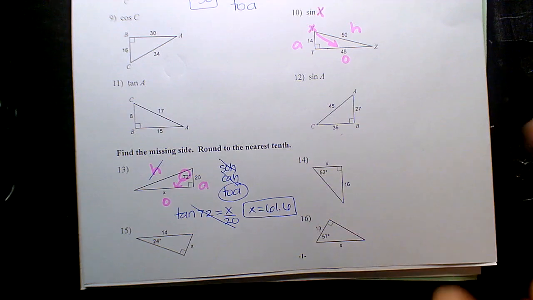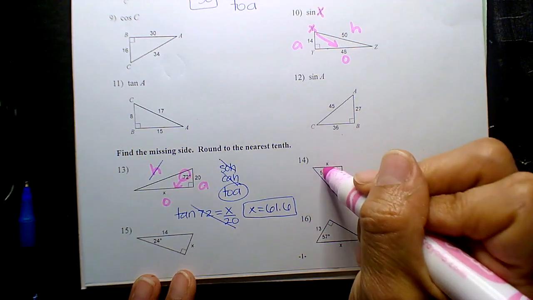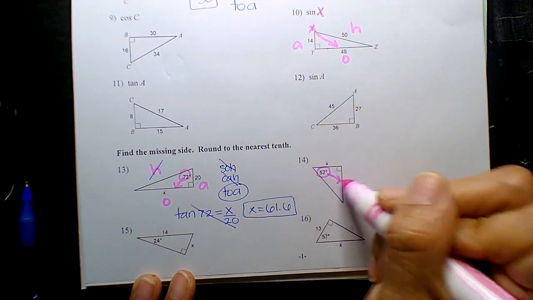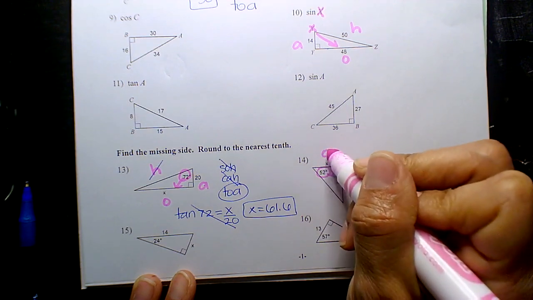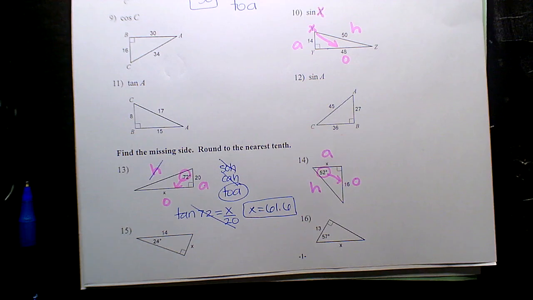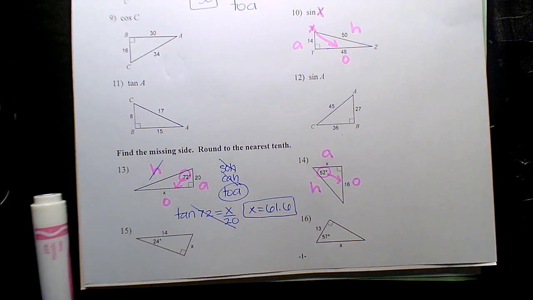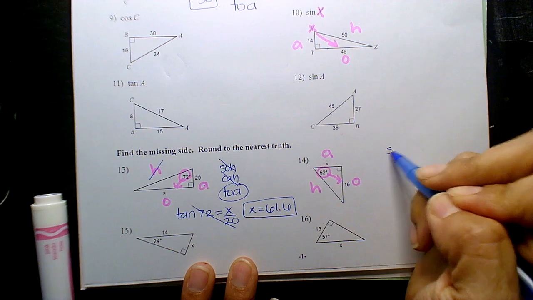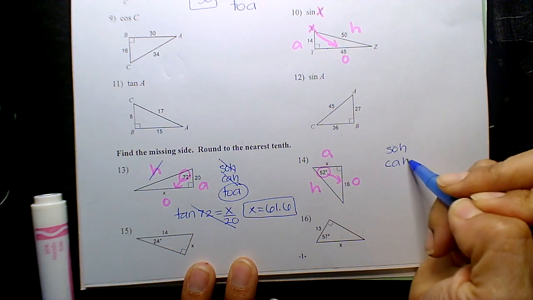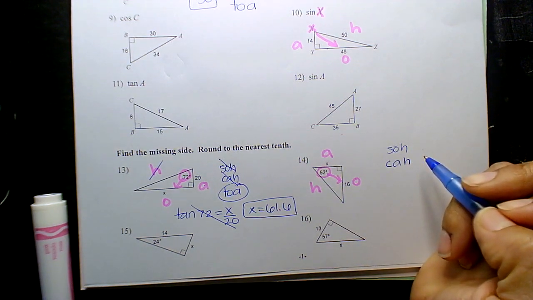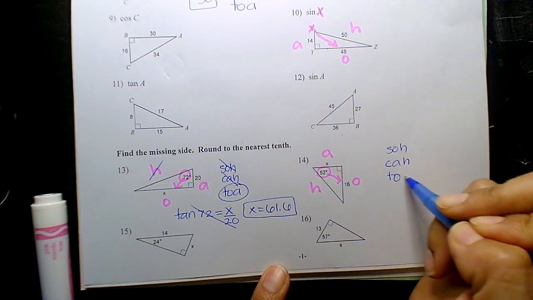Okay, so let's try 14. 52 degrees. O, A, H. Okay, which side is blank? H. But I wanted to do it now... I should have done 15.